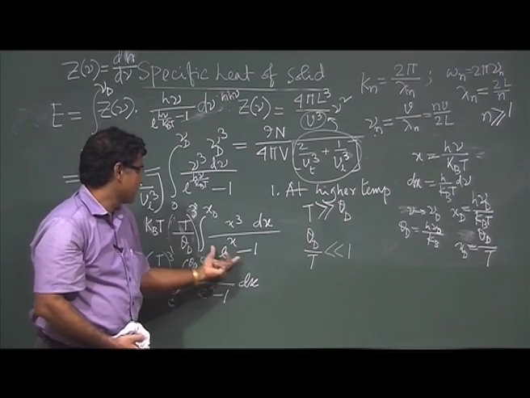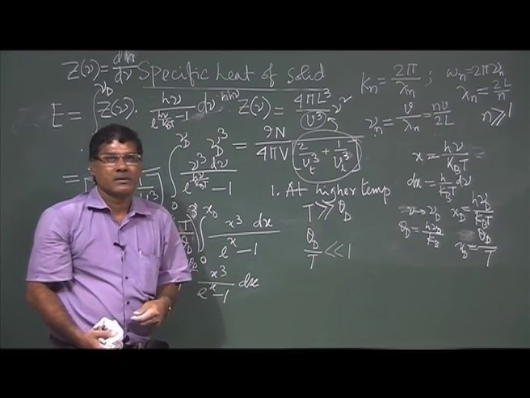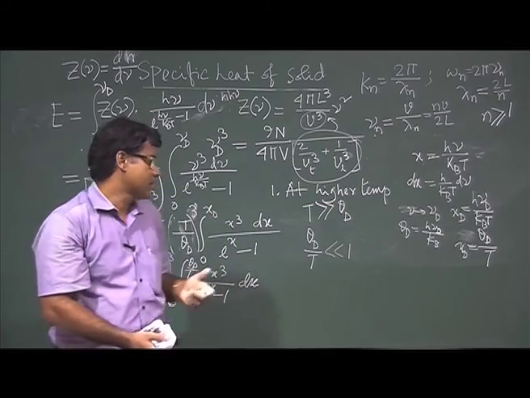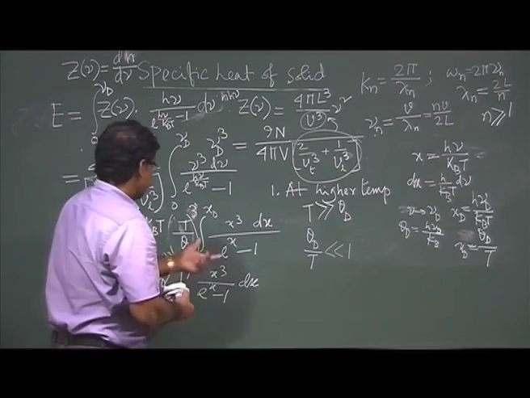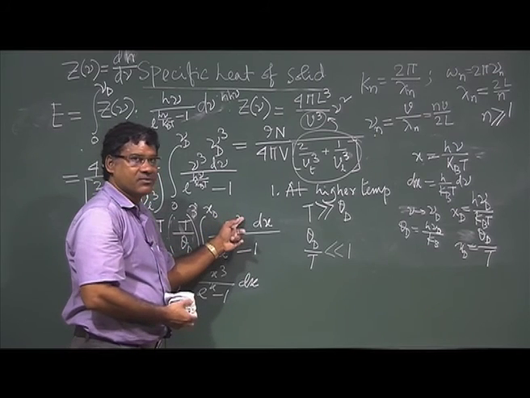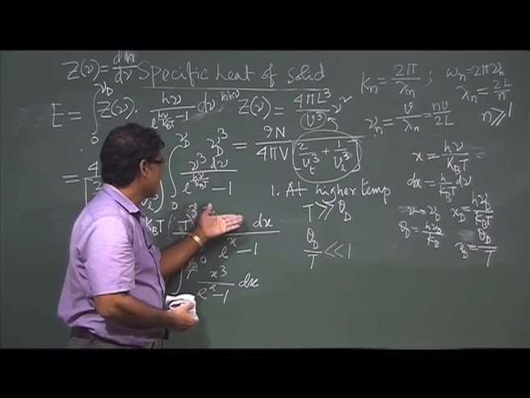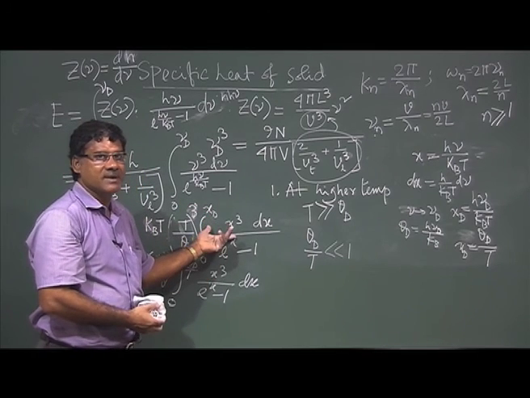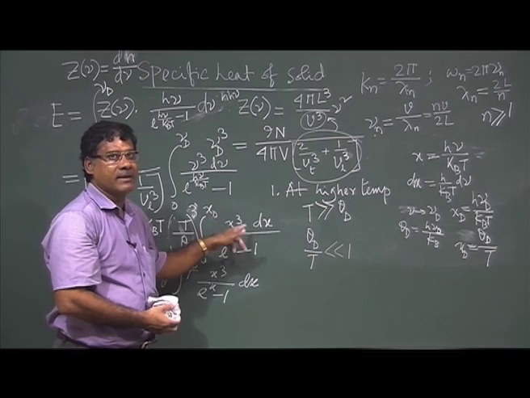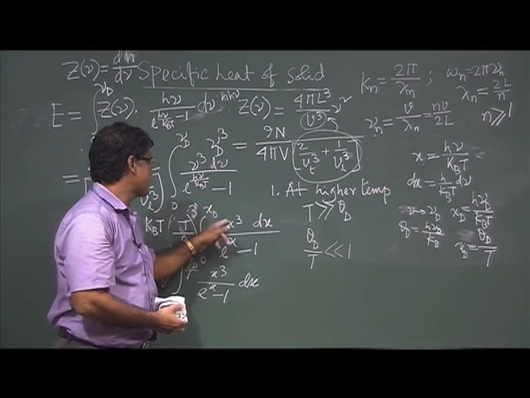So, e to the power x minus 1 is equivalent to x. So, this is x and this is x cube, right. So, it will be x square dx. So, x square dx integrates to x cube by 3, so x d cube by 3.